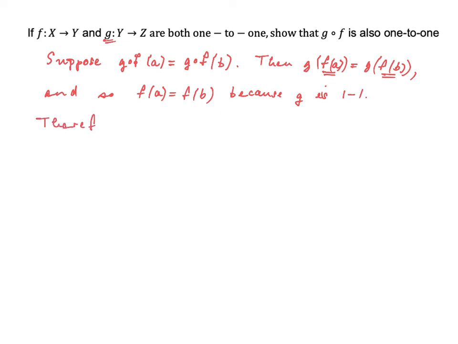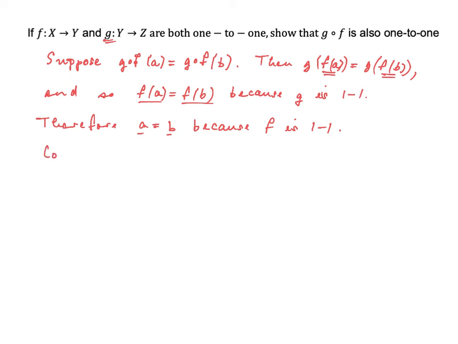So now we just do more of the same. Therefore, a equals b, because f is one-to-one. Right? Again, we have two equal outputs. f is a one-to-one function, and so the inputs a and b must have been equal to begin with.